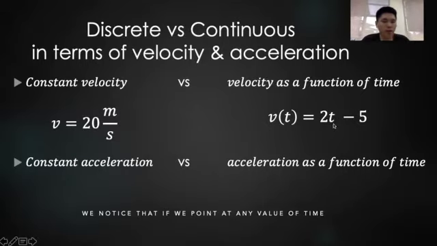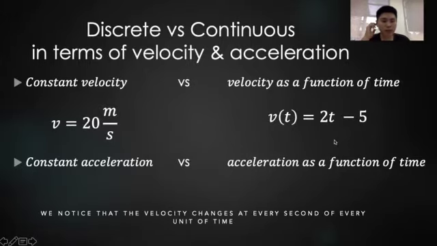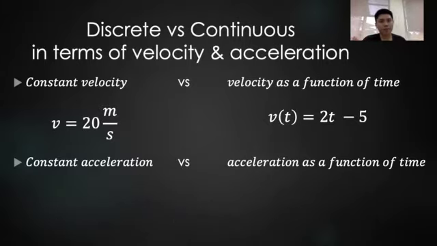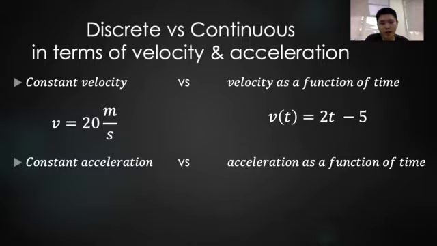So we notice that if we point at any value of the time, let's say when the time is 0, we substitute 0, then we get -5 meters per second. And when we put in 1 second, so 2 minus 5, we get -3. So we notice that the velocity changes at every second, or every unit of time. So that is the difference between constant velocity and the velocity as a function of time, which is continuous velocity.